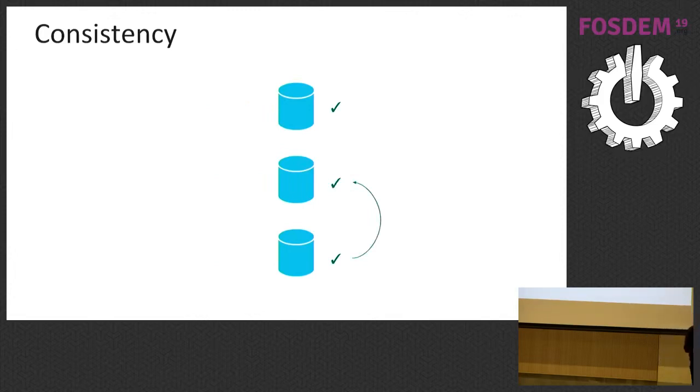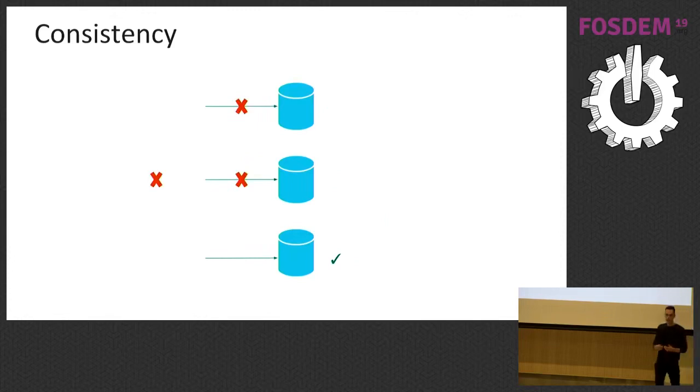We also do this in the absence of reads by having a background anti-entropy process called repair, which periodically ensures that all the replicas converge on the same values. There's a peculiarity, which is when, let's say, we're doing a quorum write and two replicas fail.